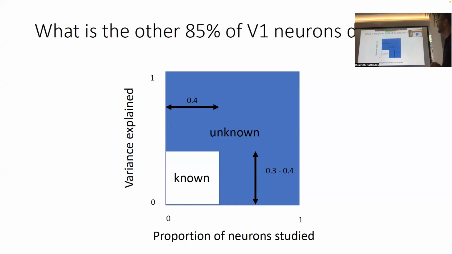Let's say the neurophysiologists select 40% of the neurons they look for, and even from those 30 or 40% they select, they have very bad predictive power. When they go into real data, the variance they can explain is around 30 to 40%. So the known is this small white table, and the unknown is this deep blue ocean.